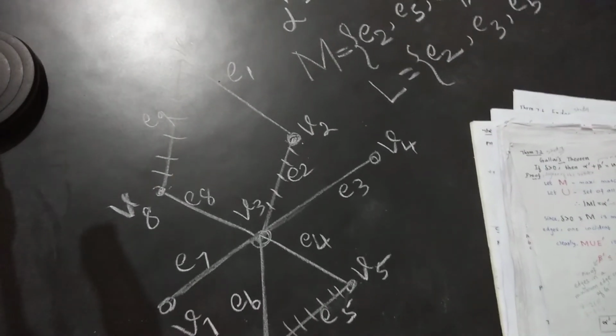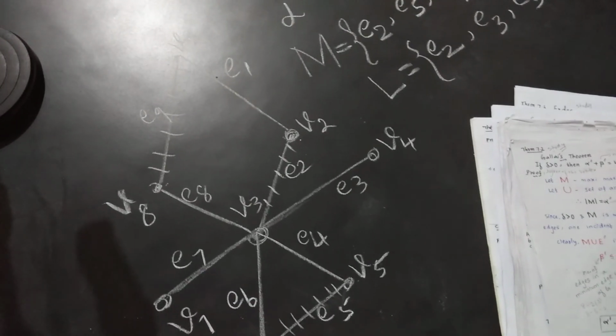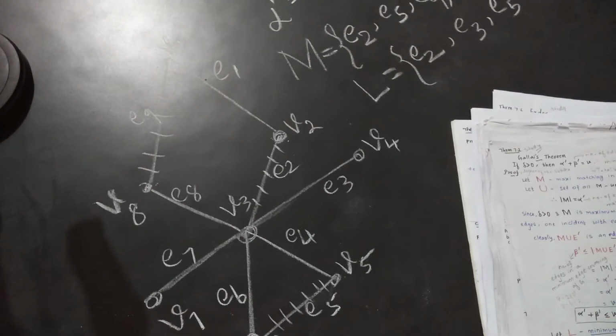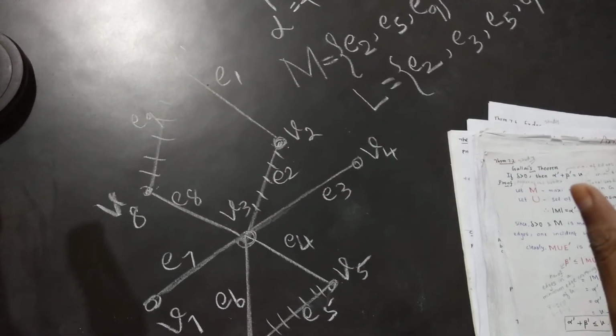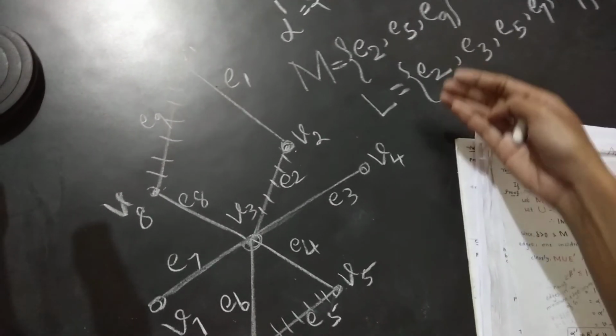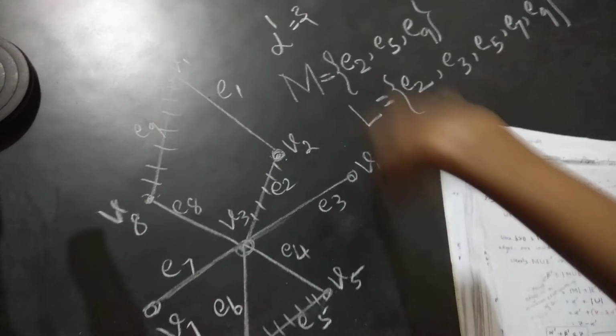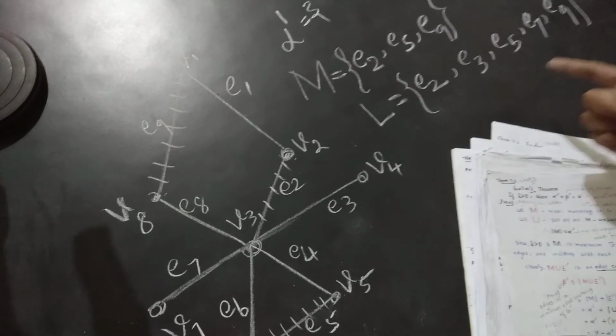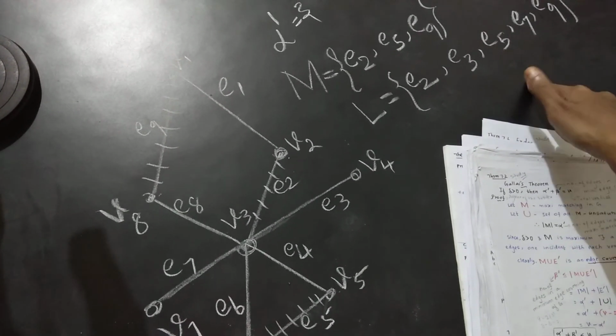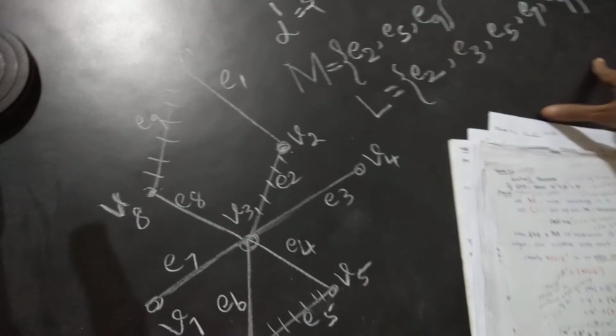Is that clear? So this is the minimum. If you neglect even one edge from this, it will not satisfy the condition of edge covering. So this is minimum.